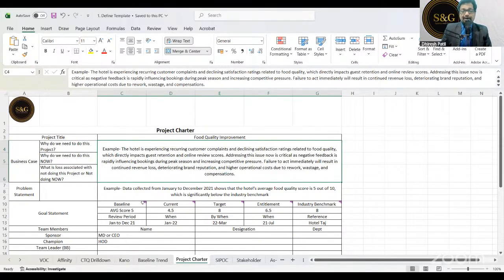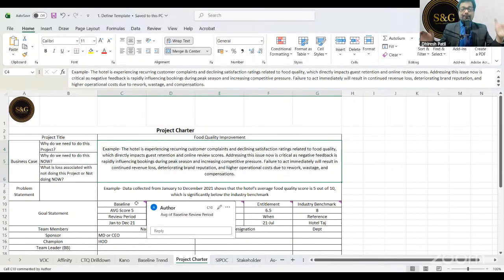Everything has been explained in the comment section. If you read the comment for baseline, the author says average of baseline review period. What is baseline? Whatever average you have taken for 12 months is called the baseline.